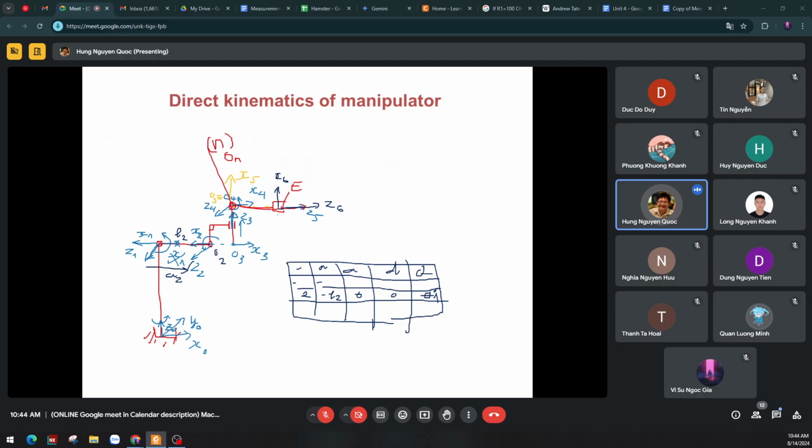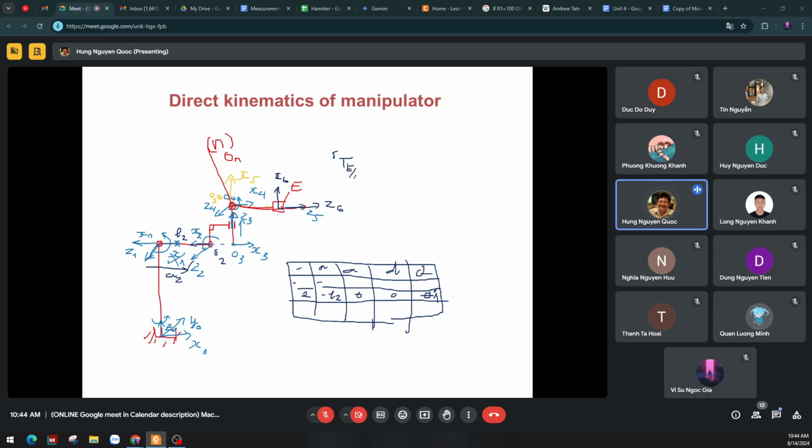The coordinate 6 is attached to the endpoint. Usually they are just a translation, and in this case we have T56 or T5E.